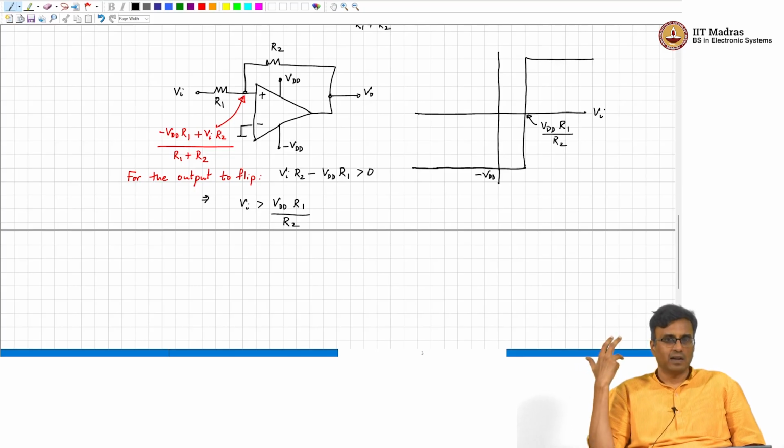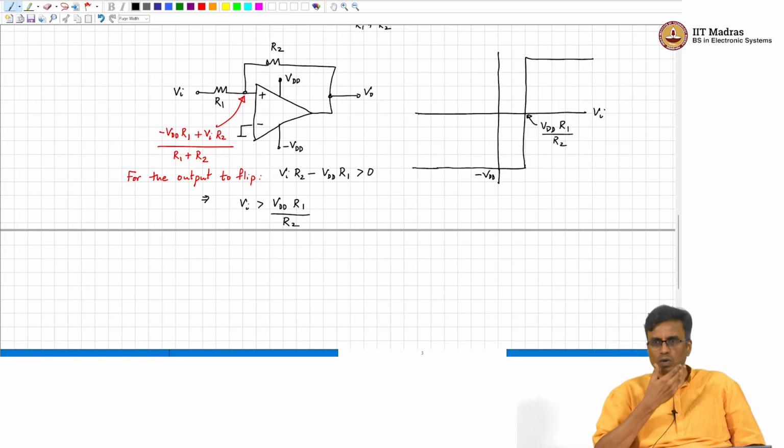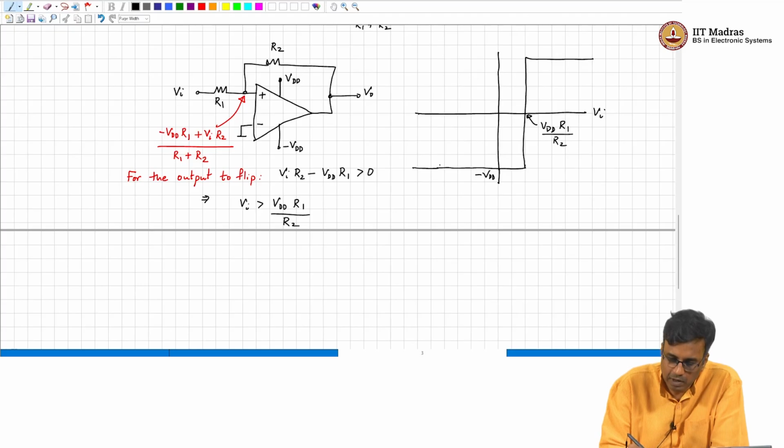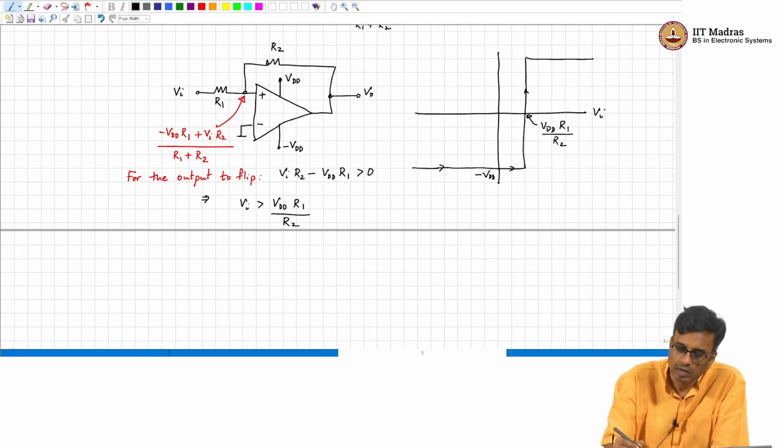So that is one sanity check, because in the expression for the threshold, if you put R2 tending to infinity, that will tend to 0, correct. So the larger the R2, the smaller the hysteresis will be, correct. So basically, when you are coming from large negative values, this is how it looks.